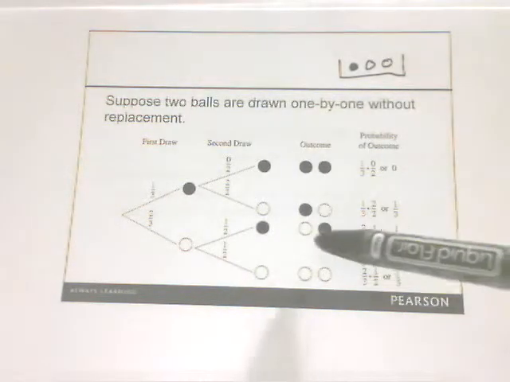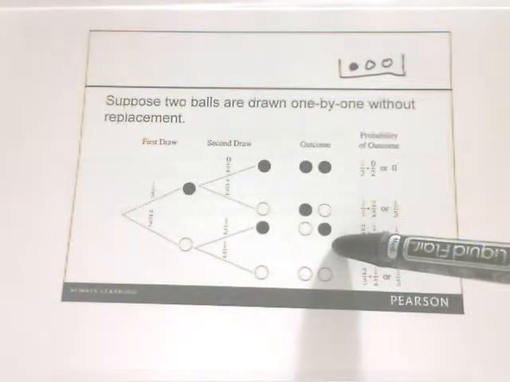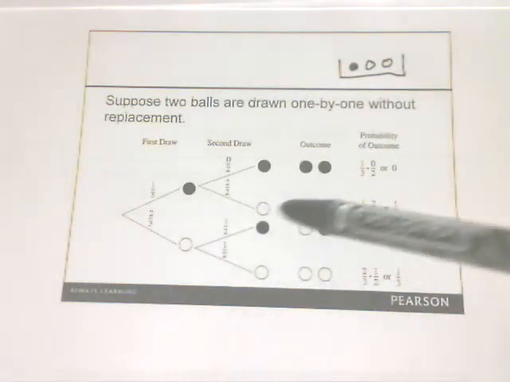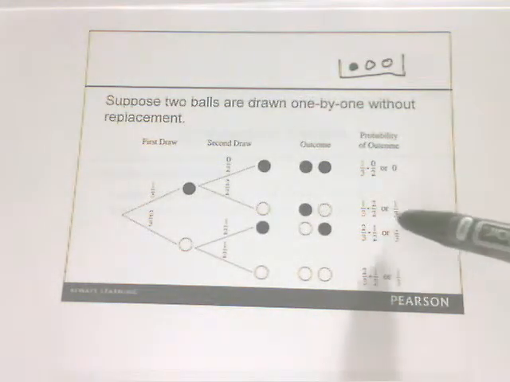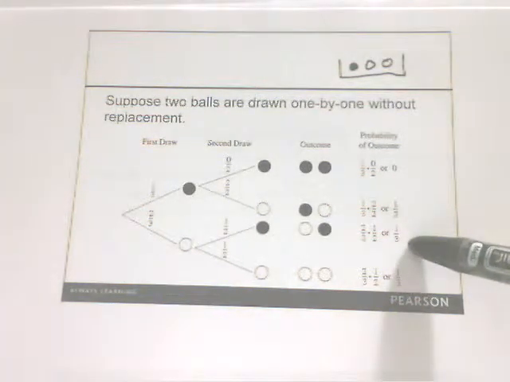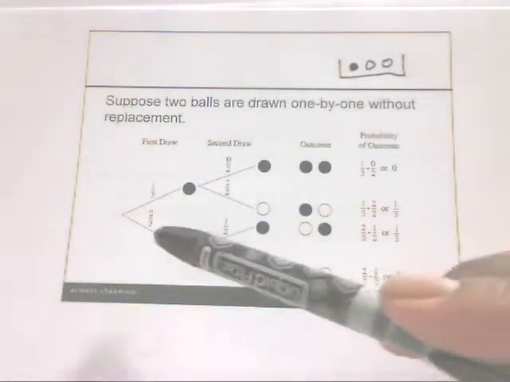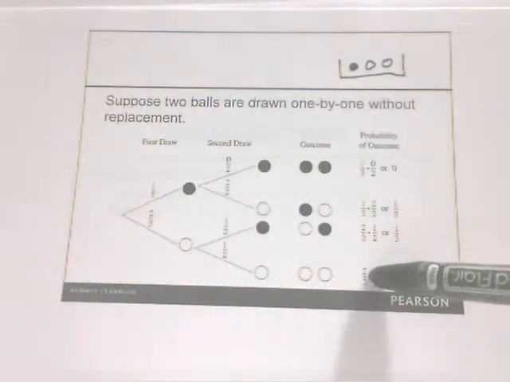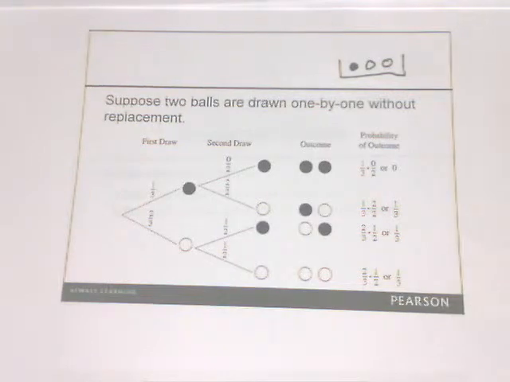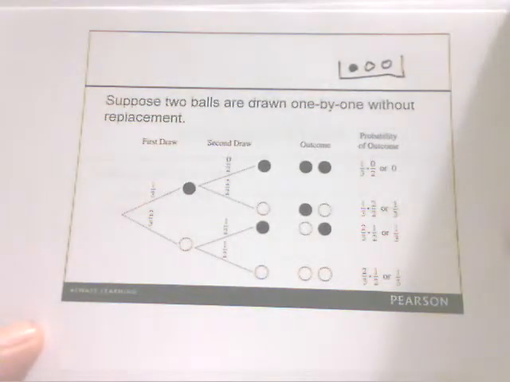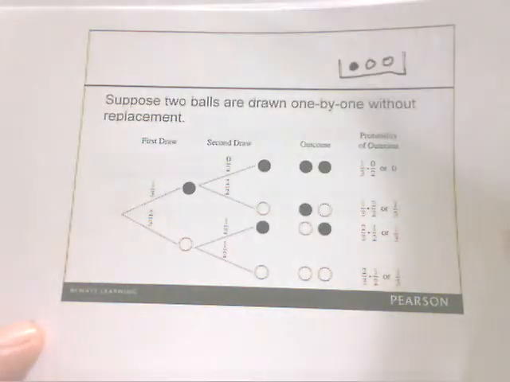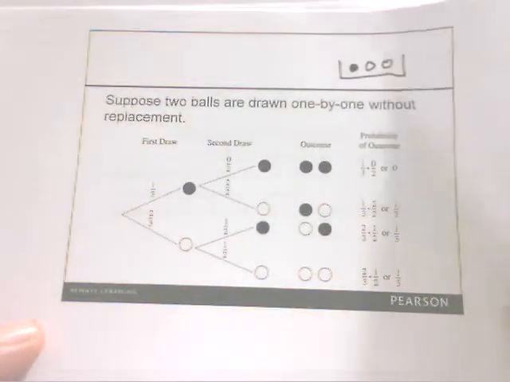And then for a white ball and a colored ball, that's 2/3 times 1/2, which will be reduced to 1/3. And then 2 white balls will be 2/3 times 1/2, which is 1/3. Okay. So this is an illustration of drawing 2 balls, 1 by 1, without replacement.